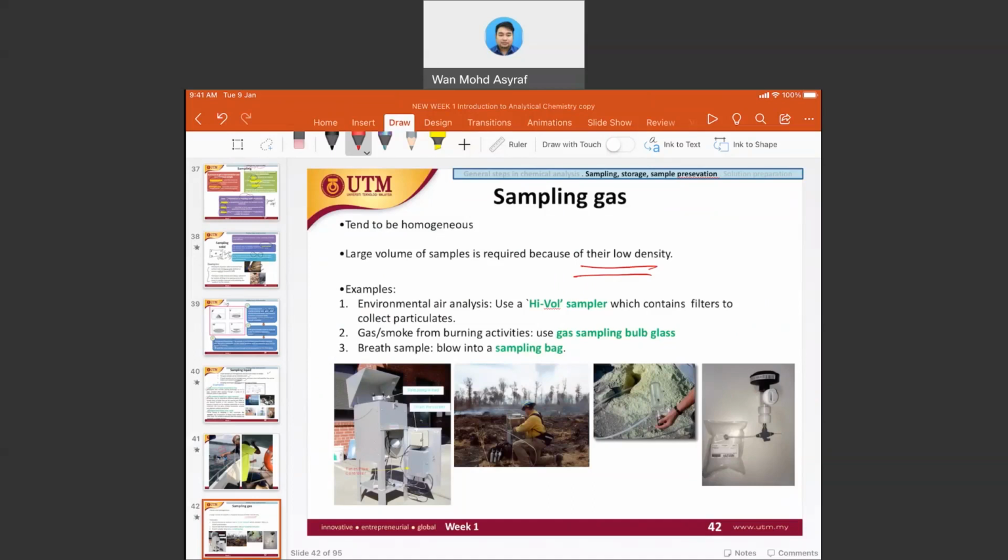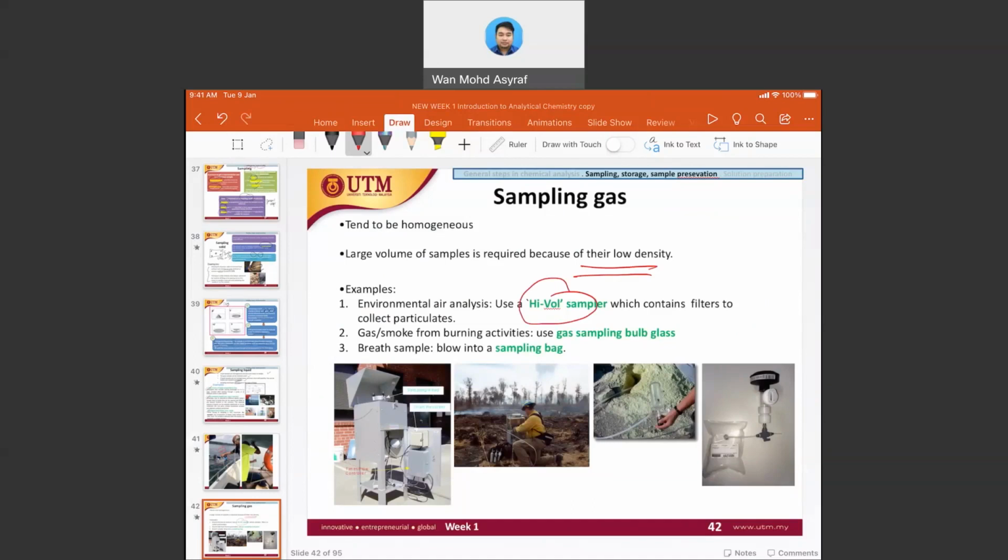So usually, for example, in the case of Pasir Gudang the other day, usually we'll be using a high vol sampler where we just place it there and then it will straight away collect all of the atmospheric sample and then it will be placed onto an absorbent.